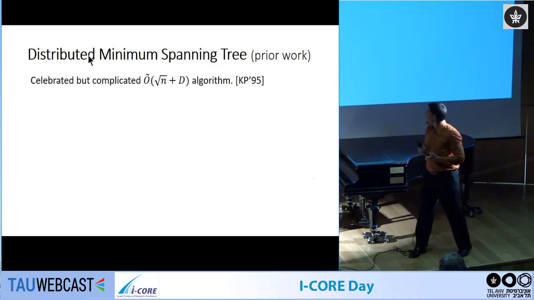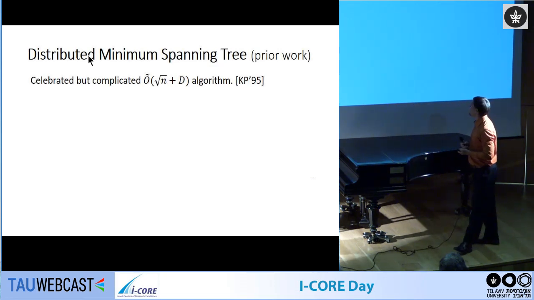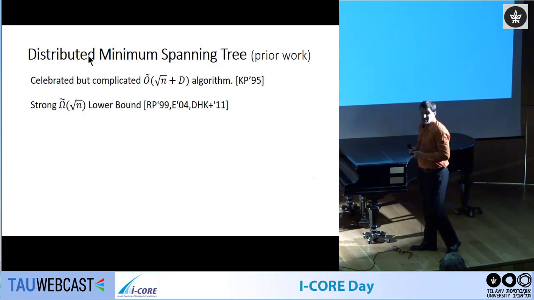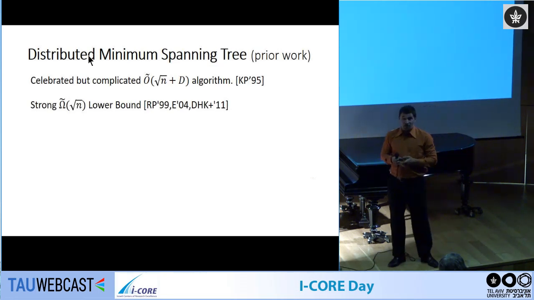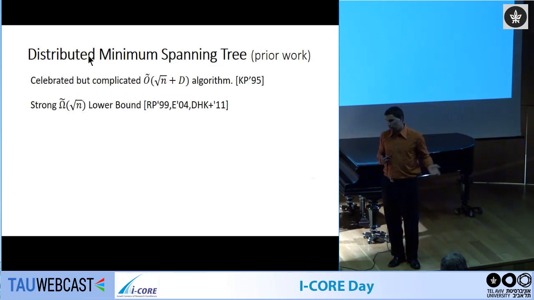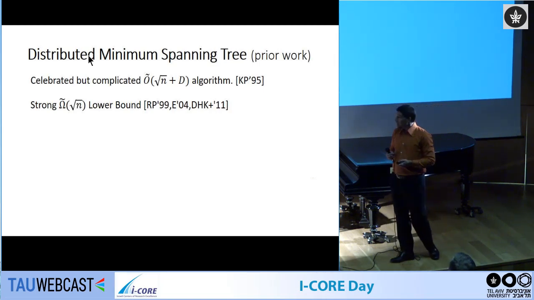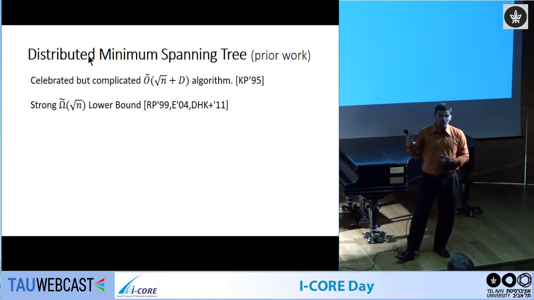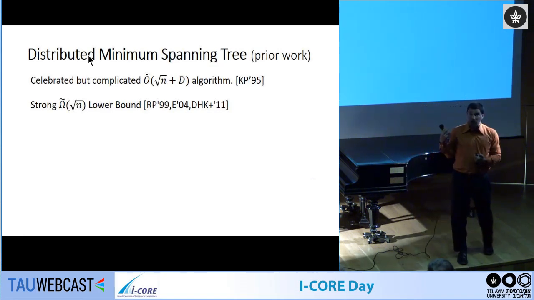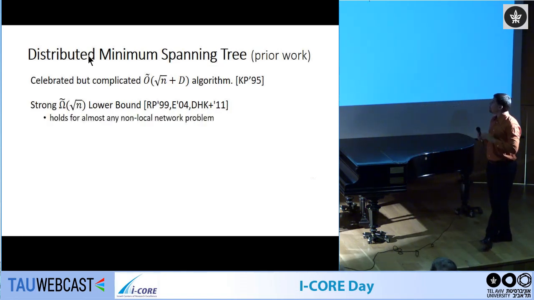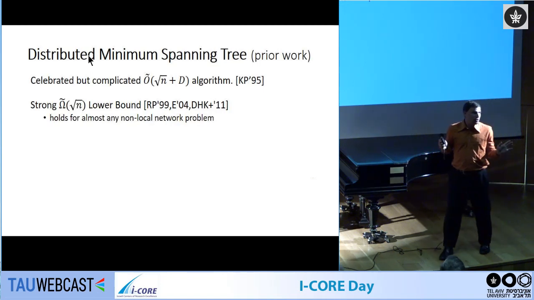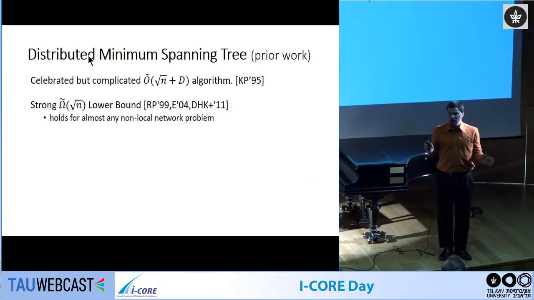So people were not happy and tried to improve this, and it turns out that you cannot really improve over it. In fact, there's a square root of n lower bound, and over time we understood this lower bound better and better, and it's really a dooming lower bound in the following sense. This lower bound applies to almost any non-local network problems that you can think of.